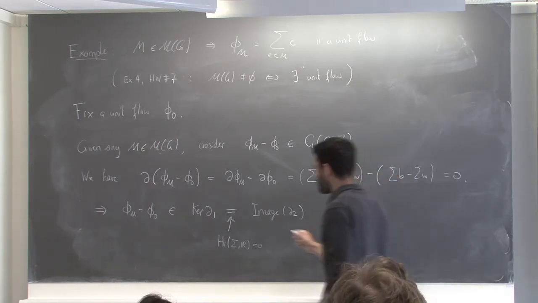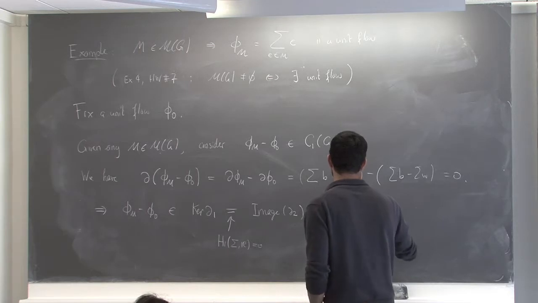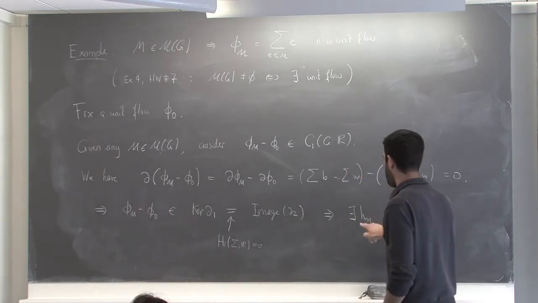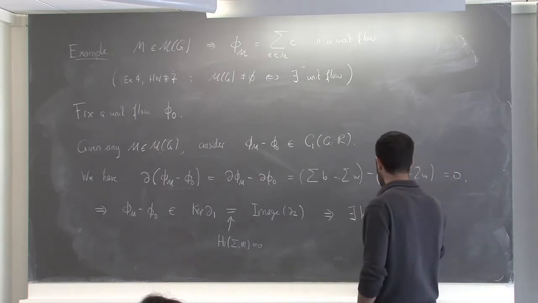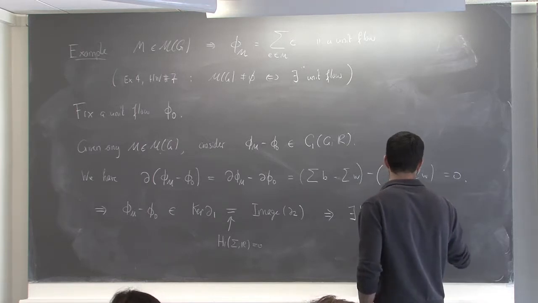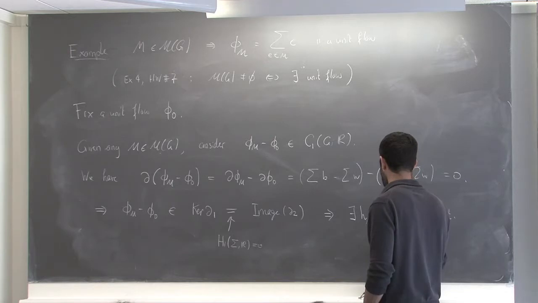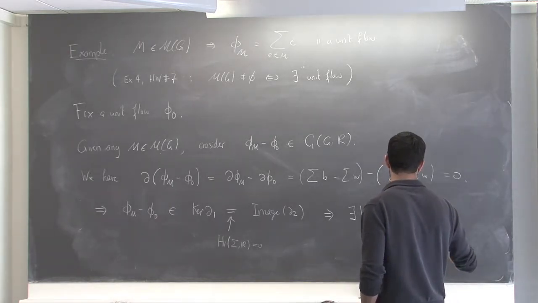So it means there exists some element, which I want to write hm, depends on m of course, in C2, such that delta 2 of hm is equal to phi m minus phi 0.